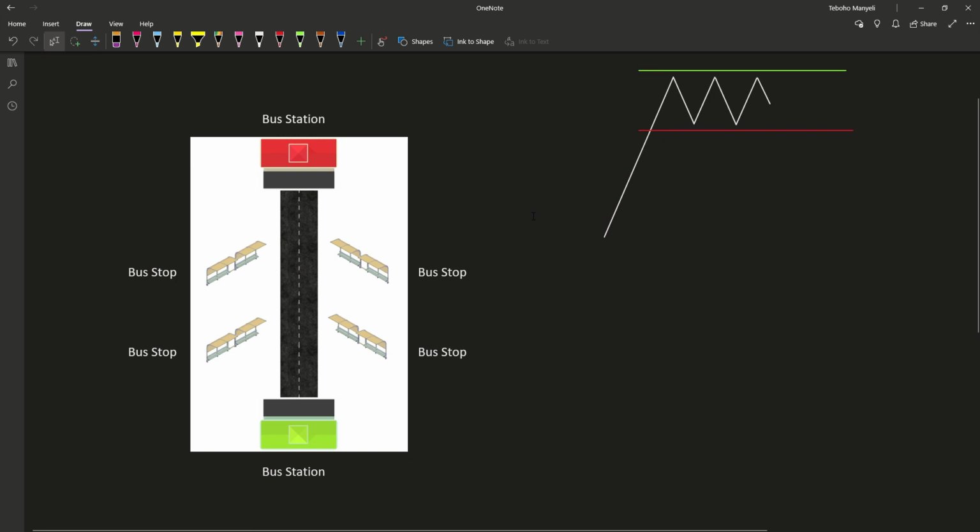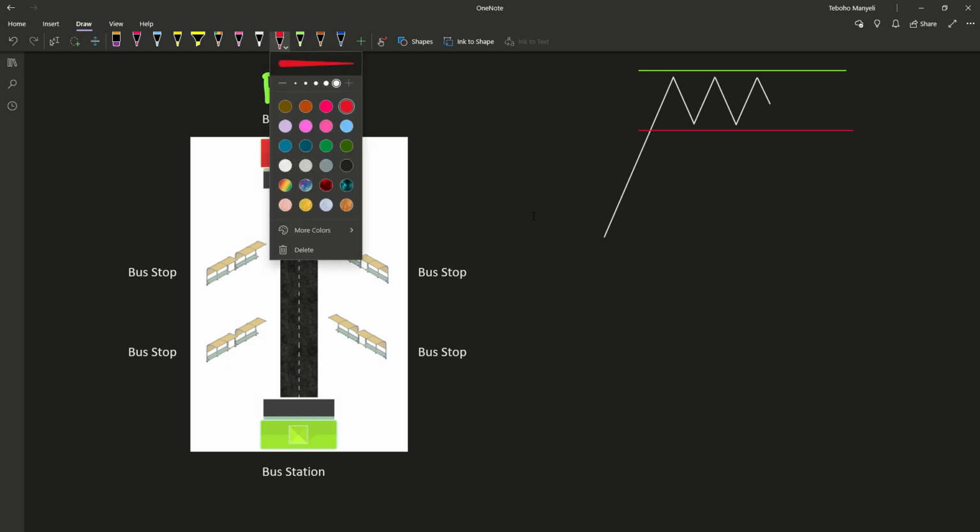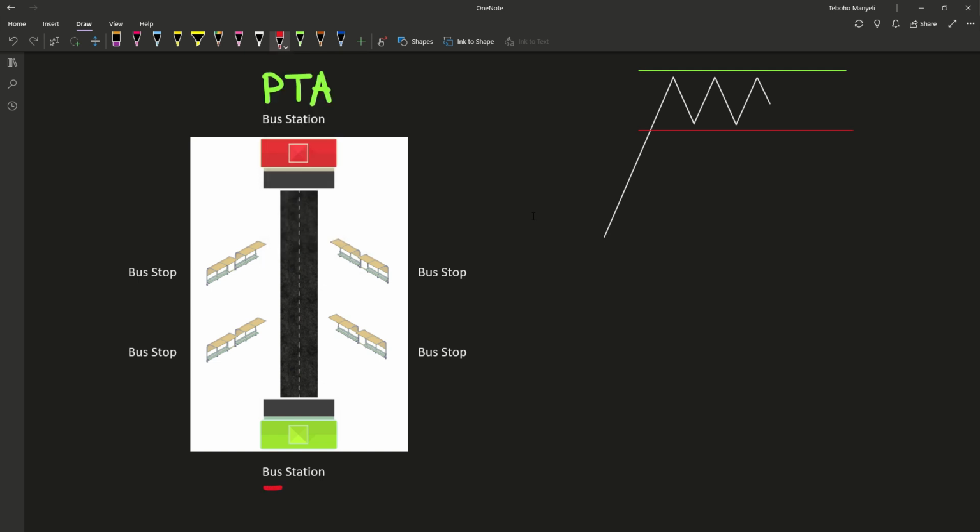So here we go. We've got a bus station here on the red side. We're going to call this bus station Pretoria, in short PTA. And the bus station at the bottom here, we're going to call Johannesburg, in short JHB.